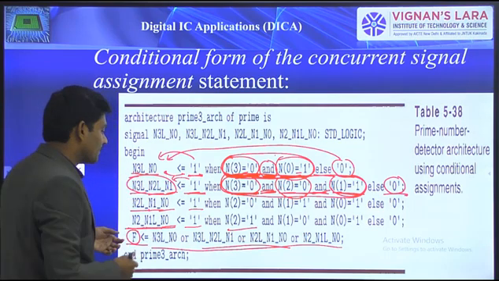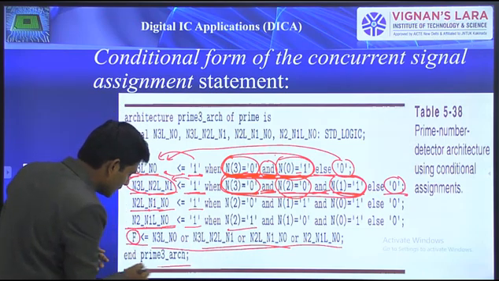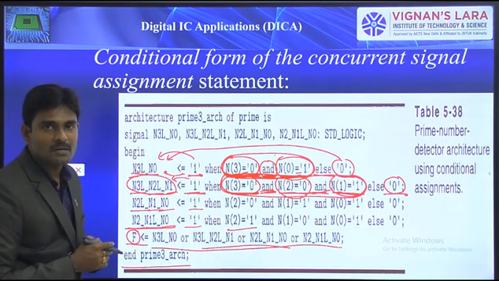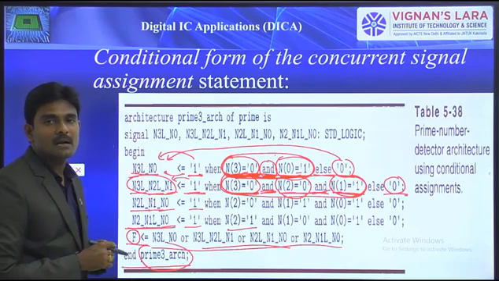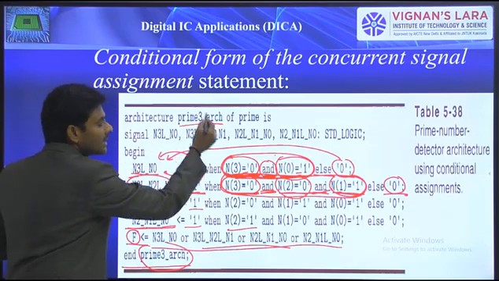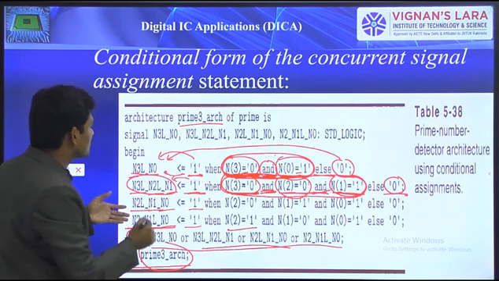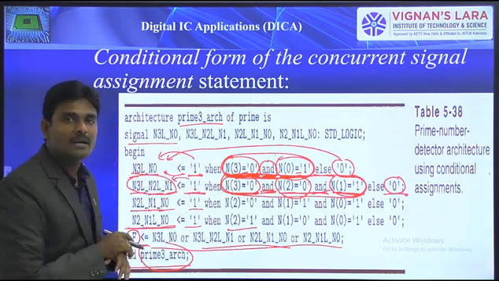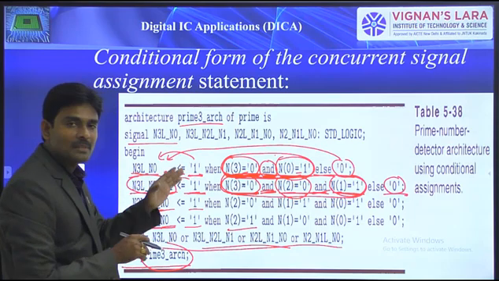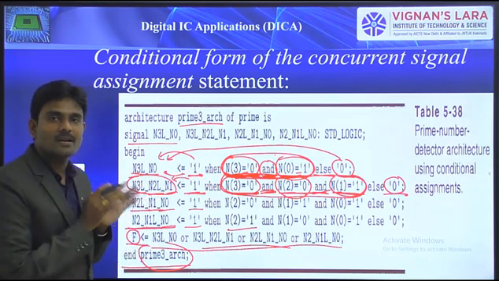Okay. And finally, after writing this particular one, we are supposed to close that particular architecture with the architecture name, prime3 underscore or whatever we have mentioned. After completing this, now go for the signal declaration. Whatever signals are predefined, neglecting them, what are the remaining signals not yet defined?